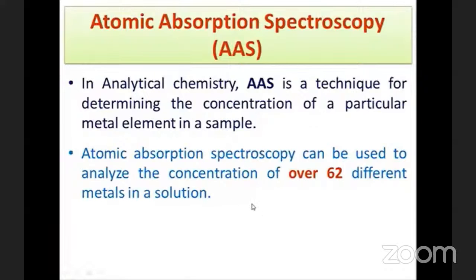And it can be used to analyze the concentration of more than 62 different metals in the solution. That's why, as compared to flame emission spectroscopy, from an application point of view, atomic absorption spectroscopy is more superior.